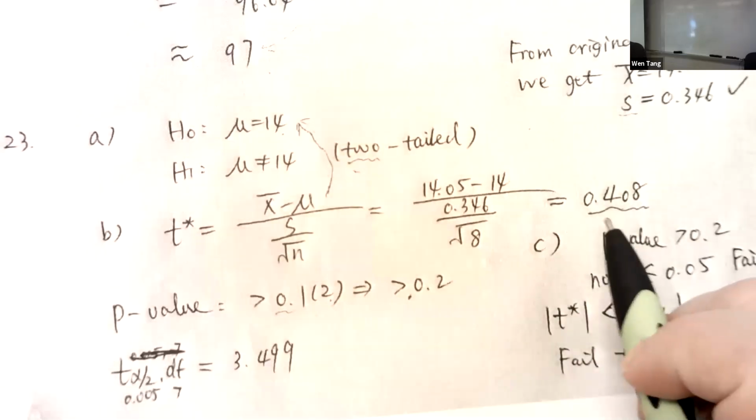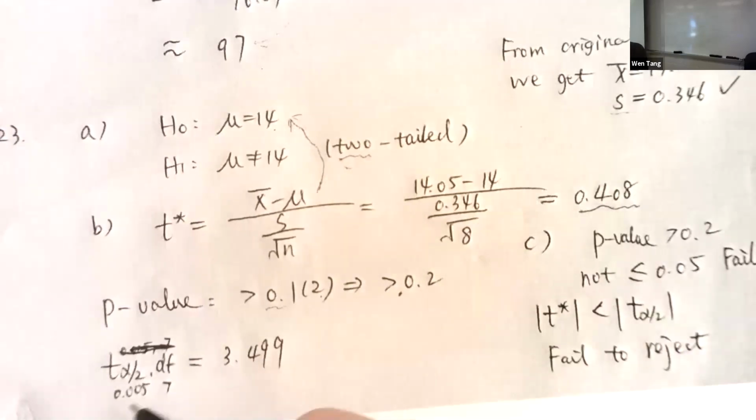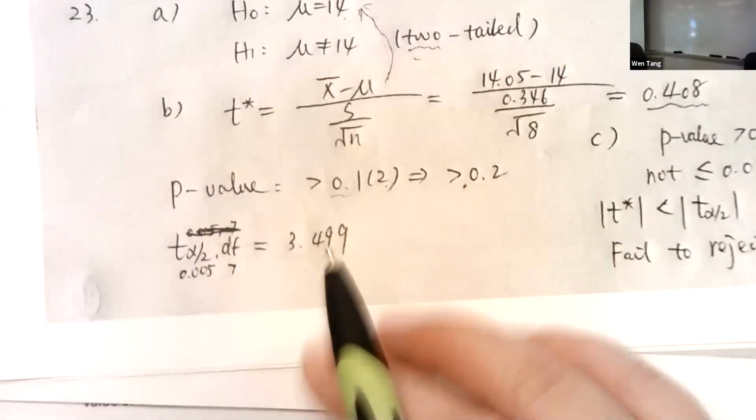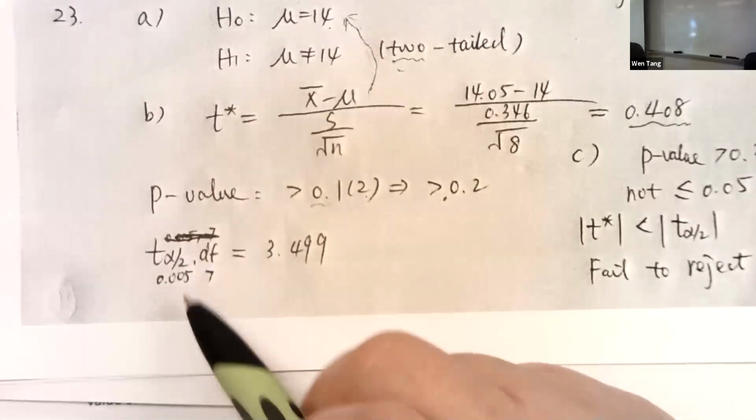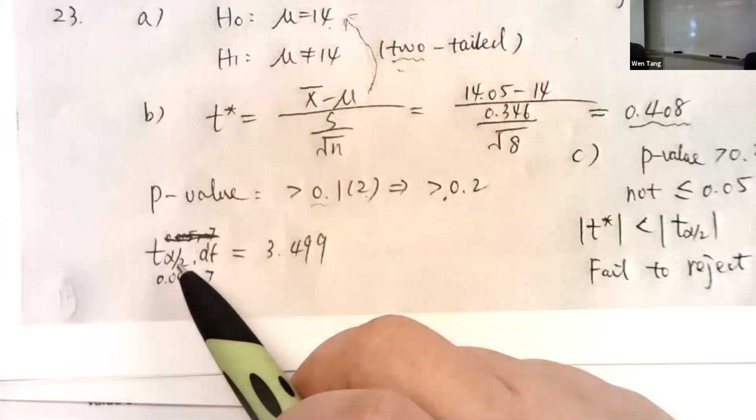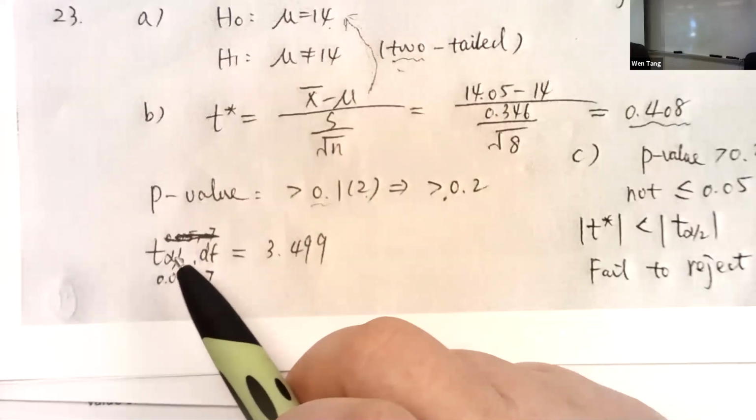Of course, we could also use the critical value method to do the hypothesis test, because the critical value method is equivalent to the p-value method. So we could check the t-table by using the half alpha. Why should I use half alpha here?